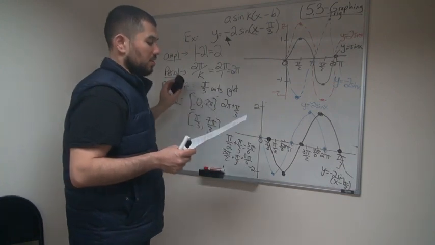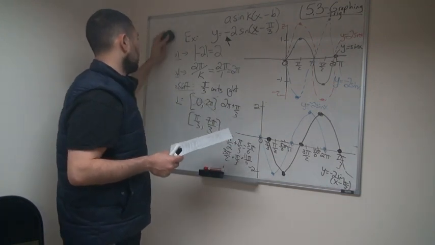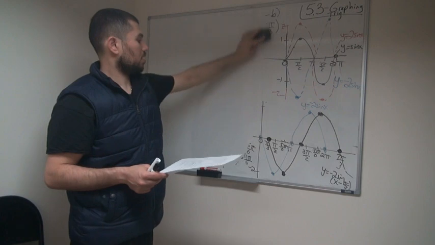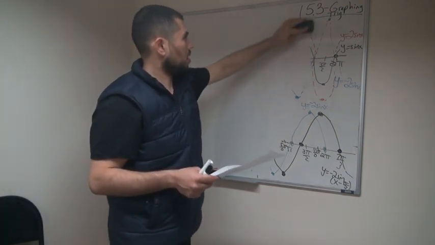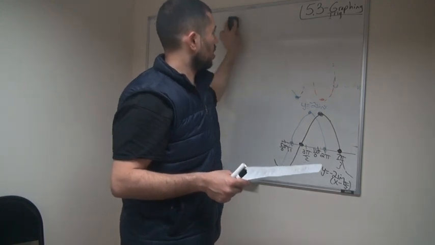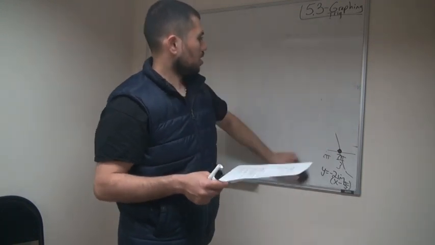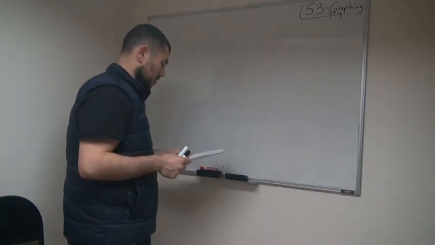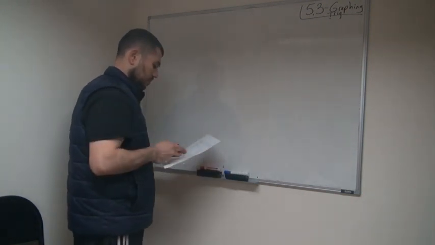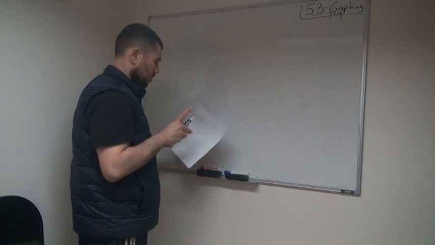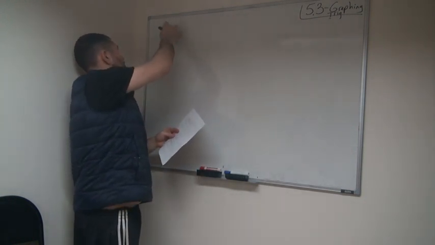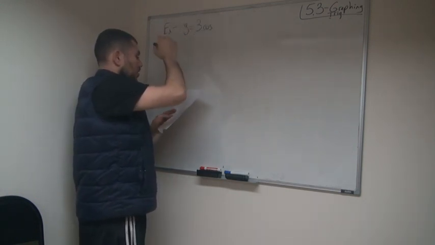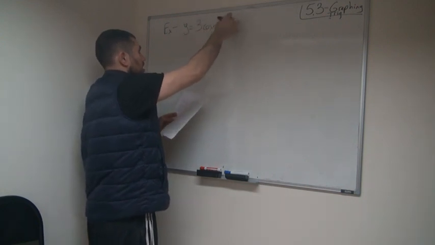But I want to try one on the slides: 3 cosine of 2x minus pi over 4.